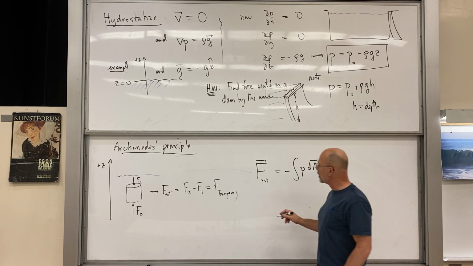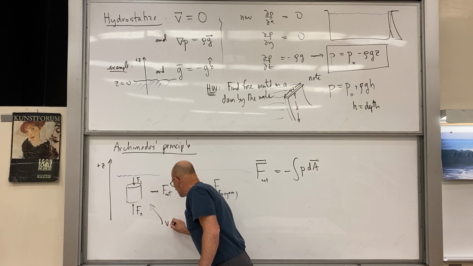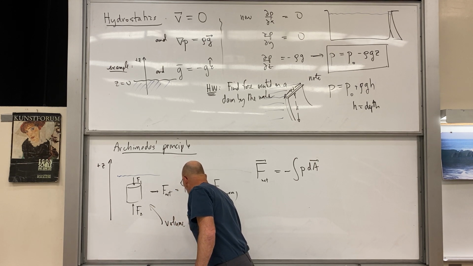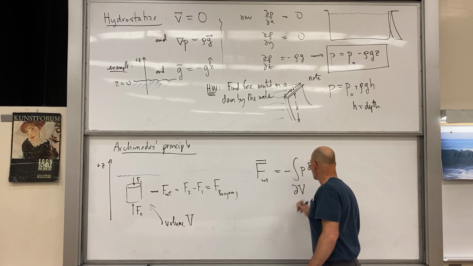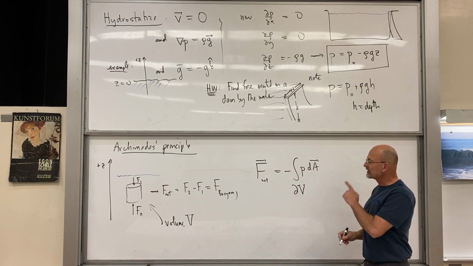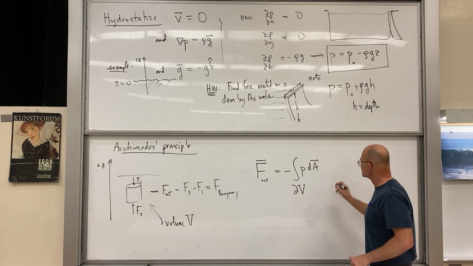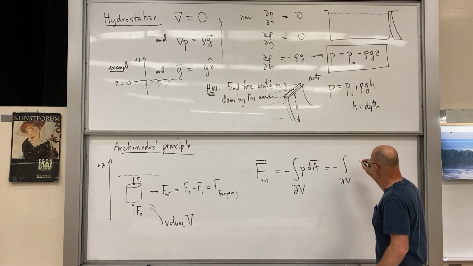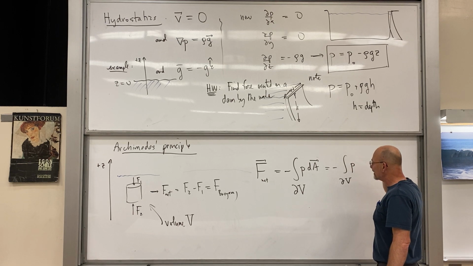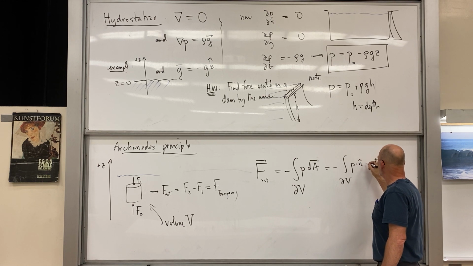And since there's a volume here, volume V, that's the surface area of the volume. So in fact, this is the expression we had the other day in the first lecture, minus surface integral of P N hat d area.